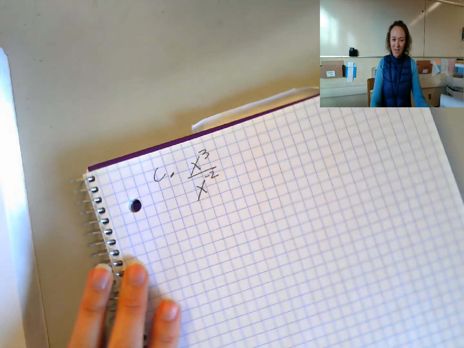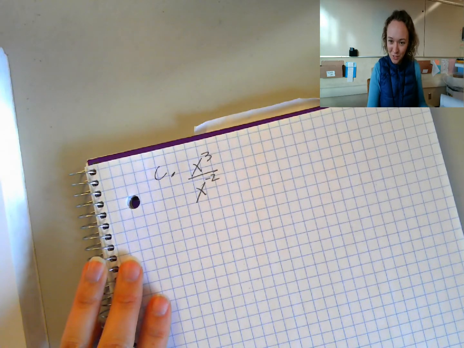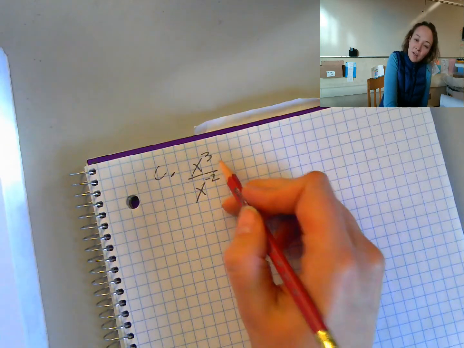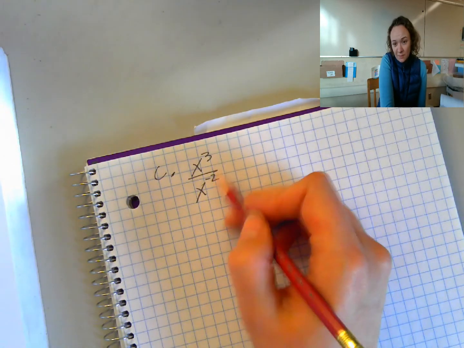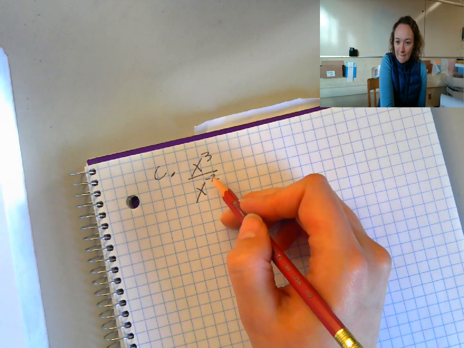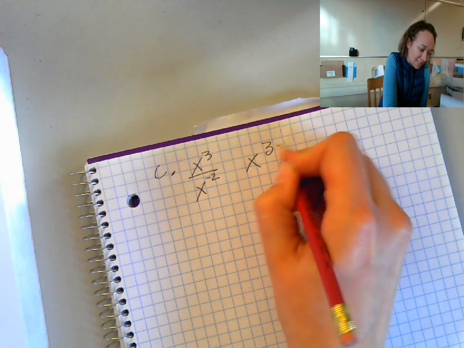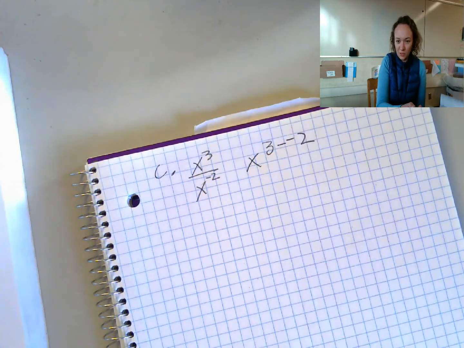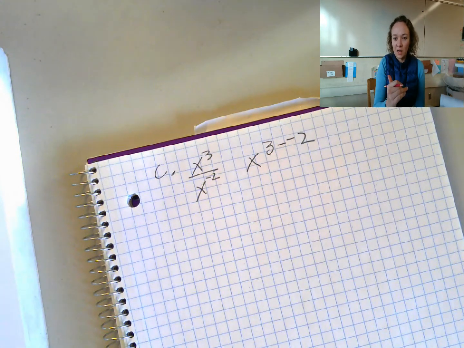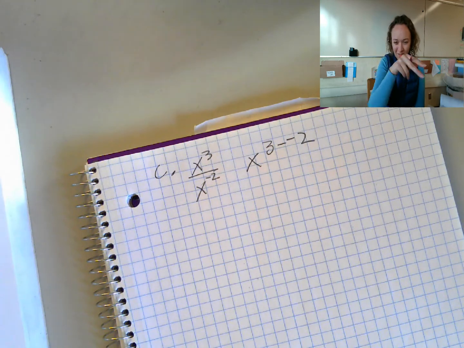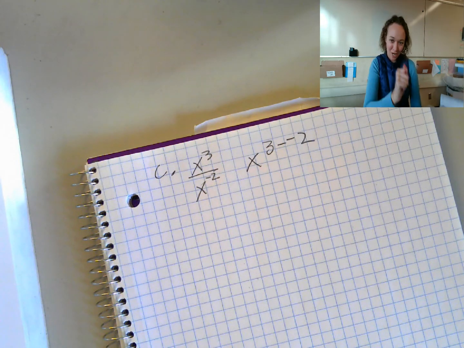On C, we have x cubed over x to the negative 2, and the rule here is we subtract. So we do 3 minus negative 2. Because whenever we are dividing the bases, then we subtract the exponents.